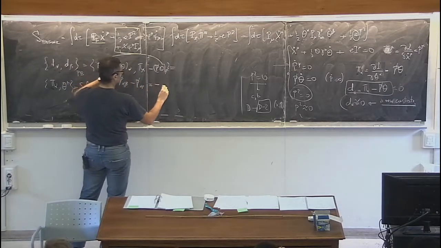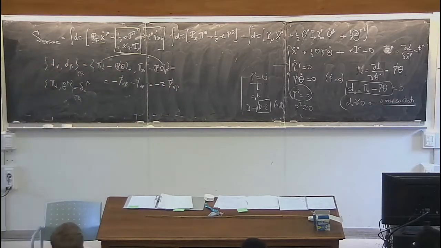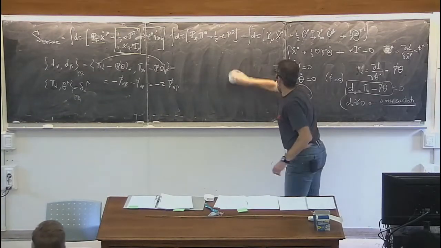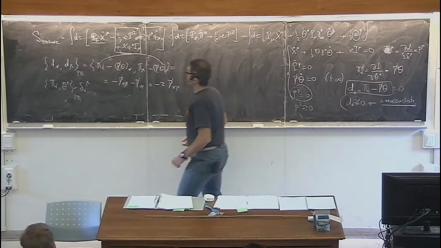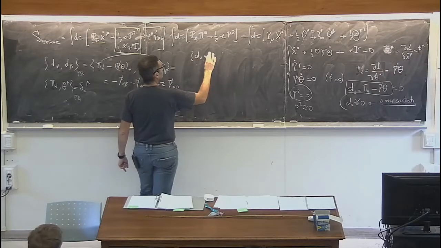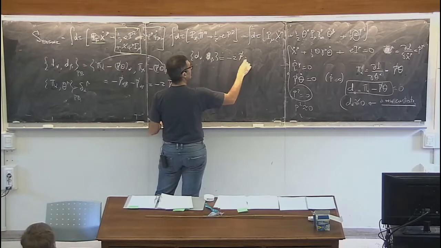So the total answer is minus 2 p slash αβ. So the Poisson bracket between D_α and D_β is equal to minus 2 p slash αβ.